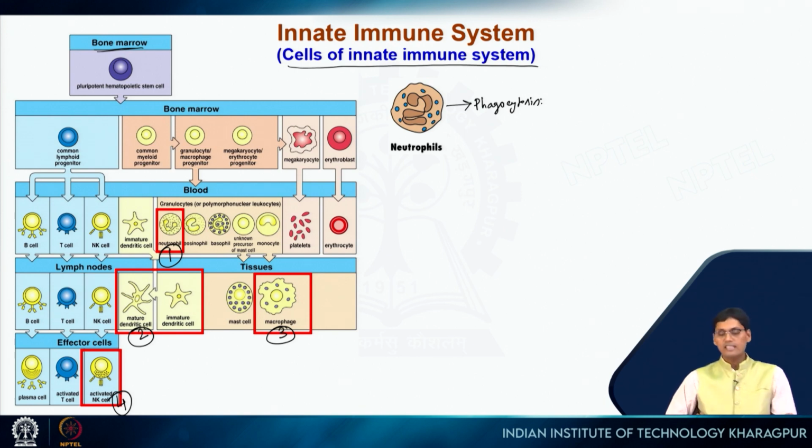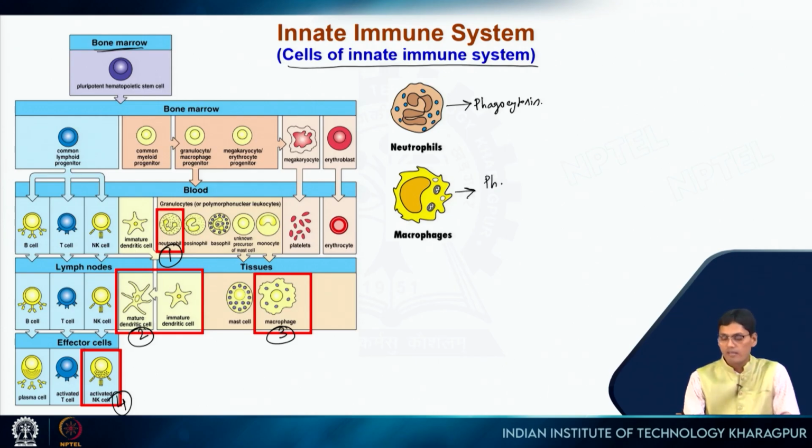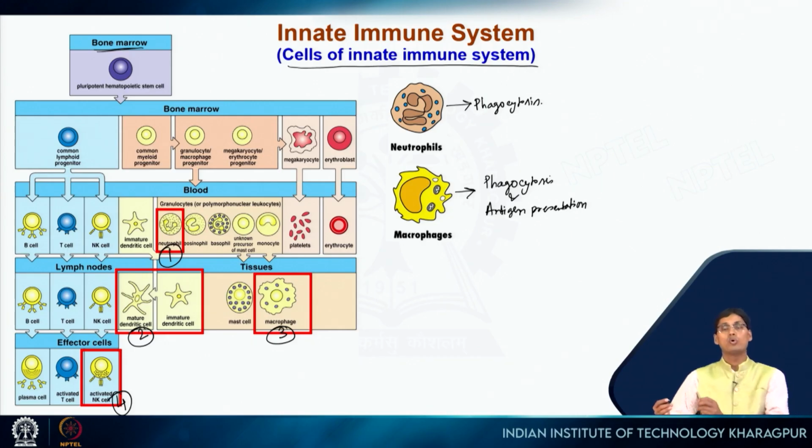And then the next one is the macrophage. Macrophages have two major functions: one is phagocytosis and the other is antigen presentation. I will discuss in detail what antigen presentation is. Antigen presentation is the beginning of the adaptive immune system. Because of antigen presentation, the adaptive immune system will start acting.